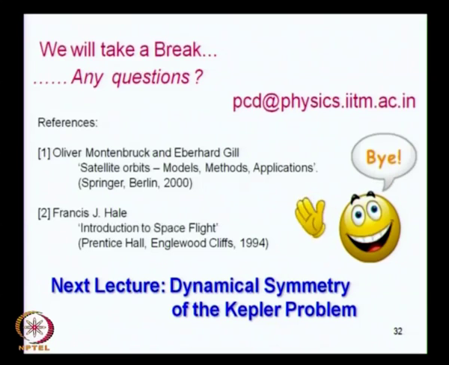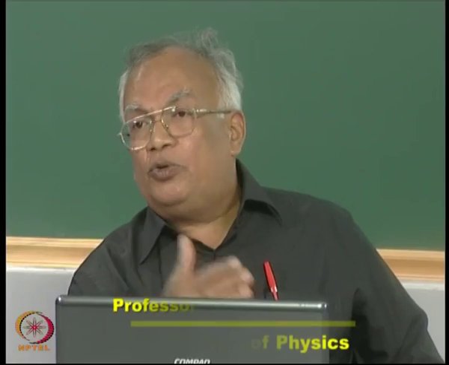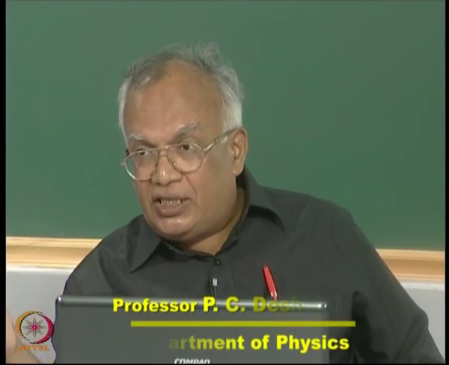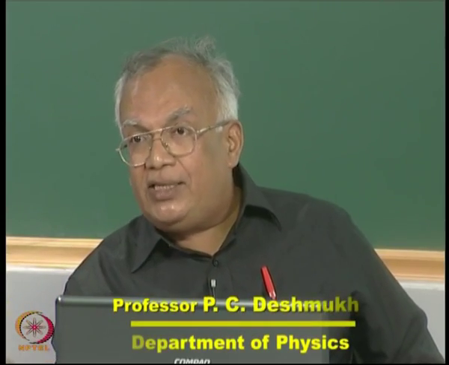And we will take a break, and in the next class we will discuss the dynamical symmetry of the Kepler problem, because we have discovered a conservation principle. Now we must ask, what is the associated symmetry? When we discovered the conservation of energy, we knew that the symmetry involved was symmetry with respect to temporal evolution, changes in time, translation along the time axis.